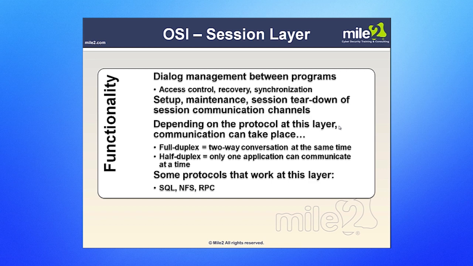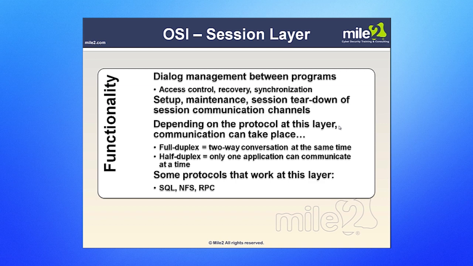At this layer, we can also think of how the conversation occurred, whether we were allowed to have full duplex or half duplex. With full duplex, think of a telephone again, being able to talk at the same time, not that you hear each other, but being able to talk on both ends of a phone call.